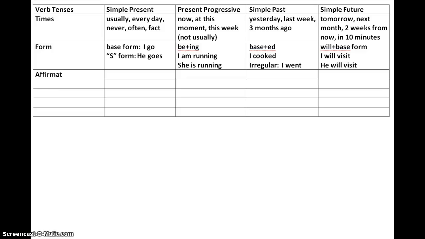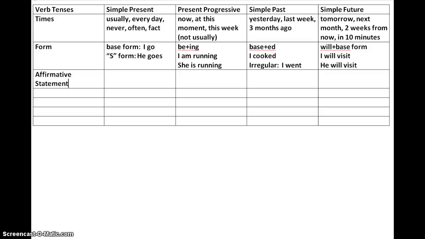An affirmative statement. Affirmative means yes, and statement means a sentence with a period, not a question mark. In the affirmative statement, in simple present, there is no auxiliary. In simple past, there is no auxiliary in the affirmative statement.